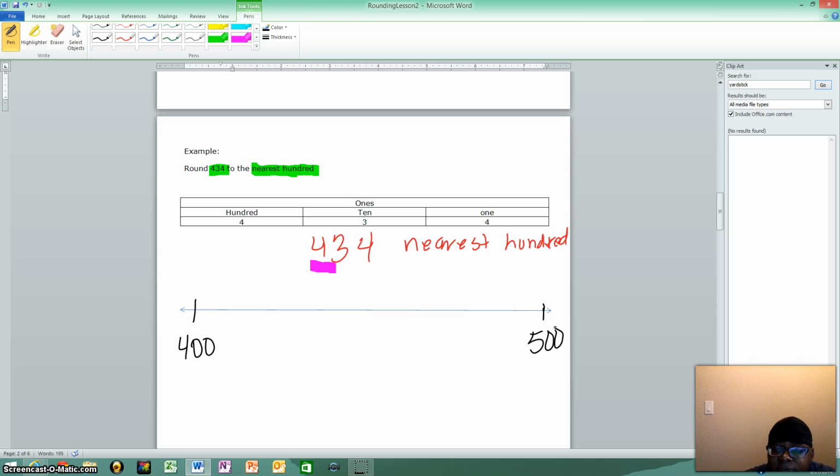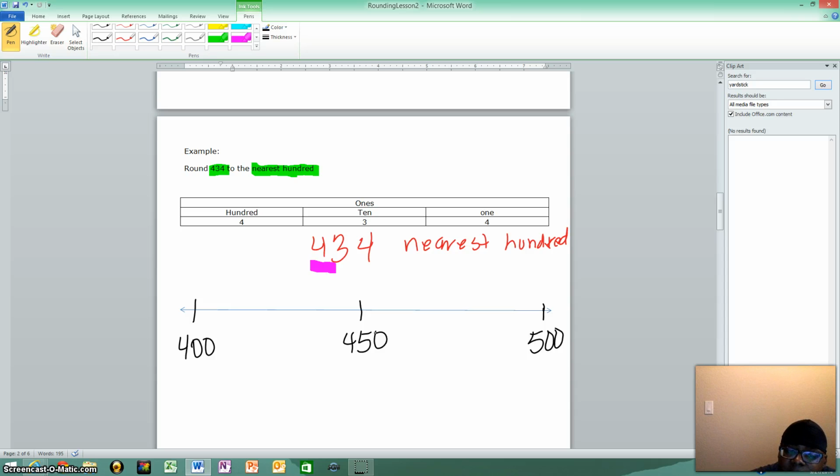Now, what's the midpoint of 400 and 500? Well, if you count by tens, 10, 20, 30, 40, 50, 450 is halfway between 400 and 500. Now, where are we going to put our number?